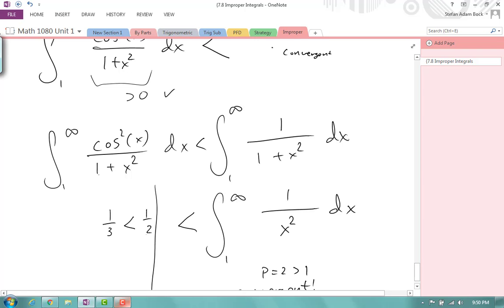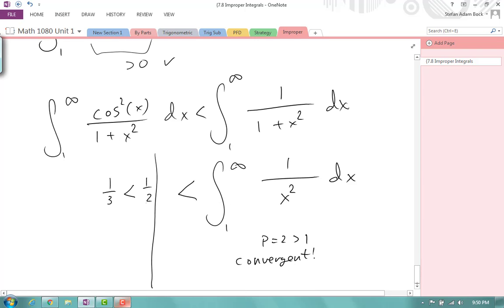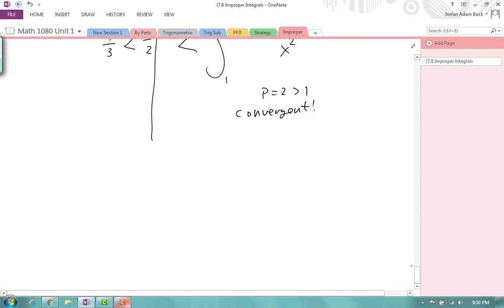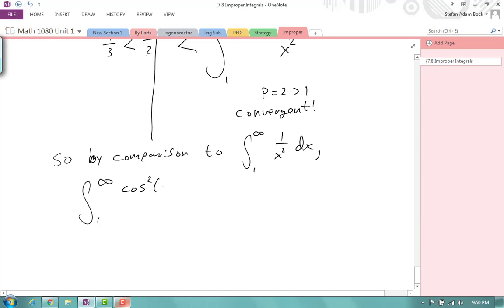But my original problem was smaller than this integral, so by comparison to my p integral, 1 over x squared dx, the integral from 1 to infinity of cosine squared of x all over 1 plus x squared dx must also converge.